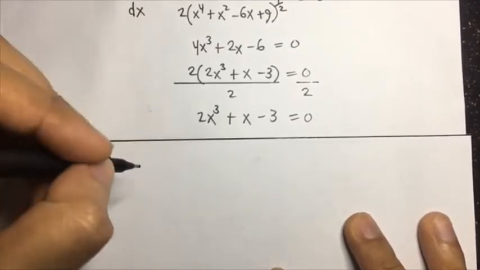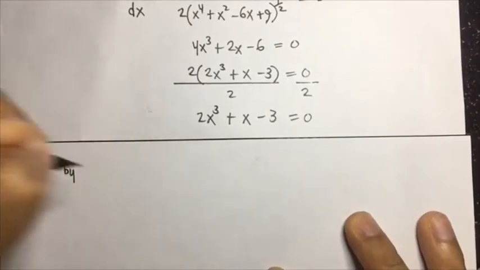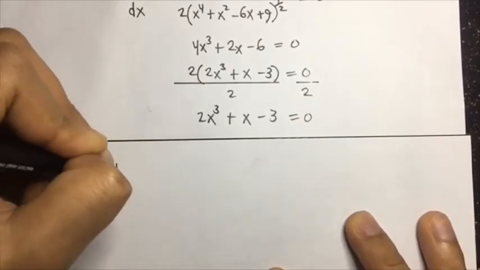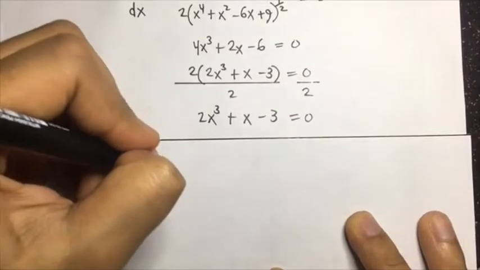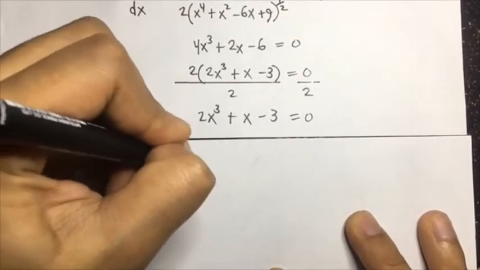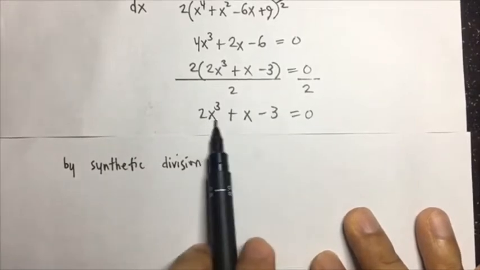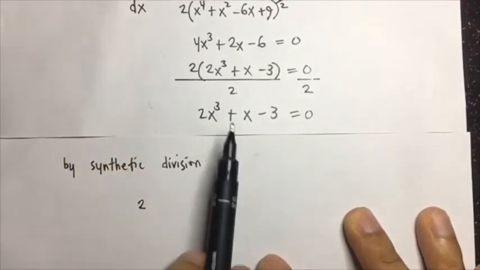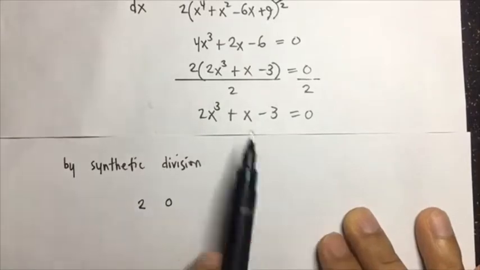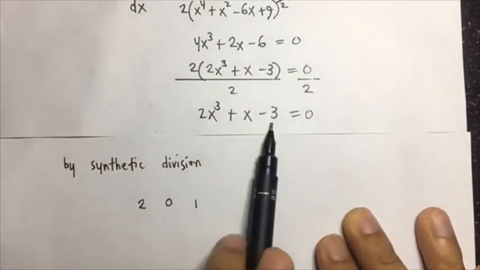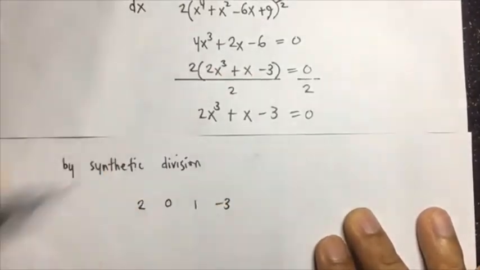So by synthetic division, we write the coefficients of the expression. So we have 2, then for x squared we have 0, for x we have 1, and then the constant is -3.